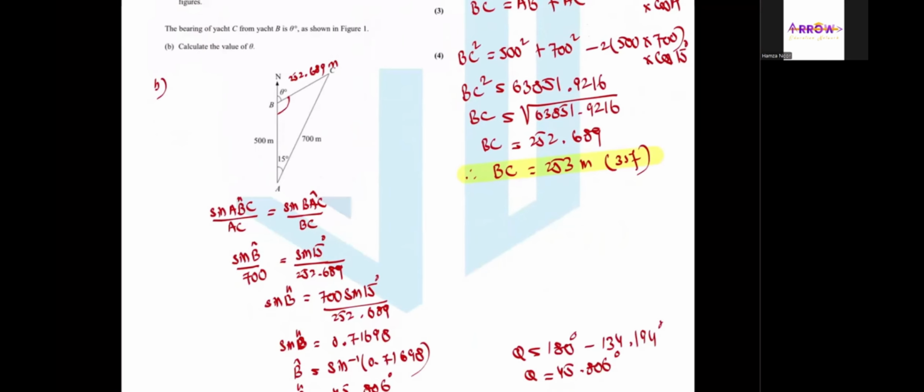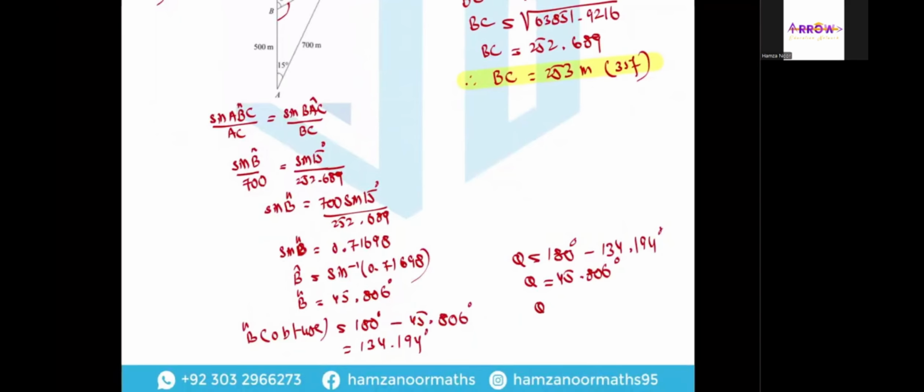Therefore we can say that, correct to three significant figures, this angle theta is 45.8 degrees. This is supposed to be our answer. This makes sense. Or you can write 46 degrees as well.